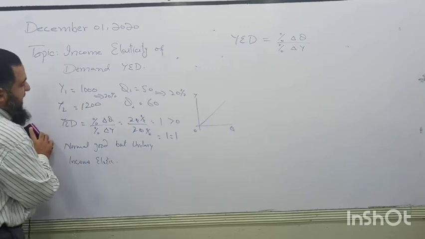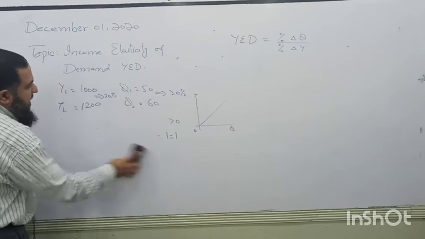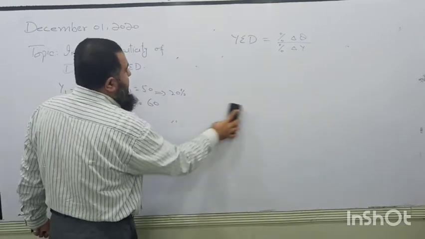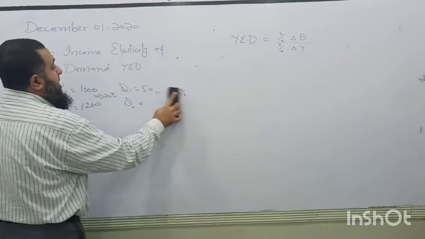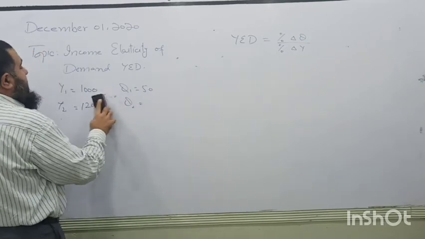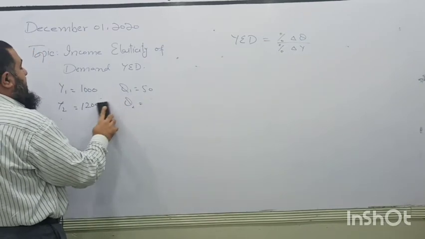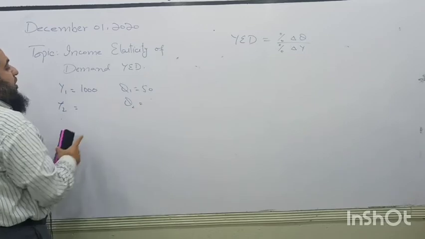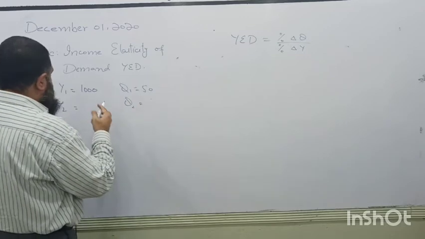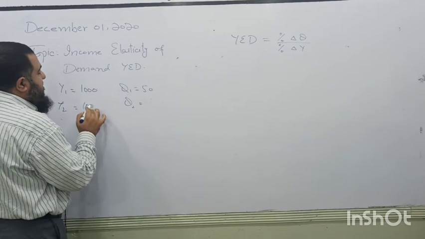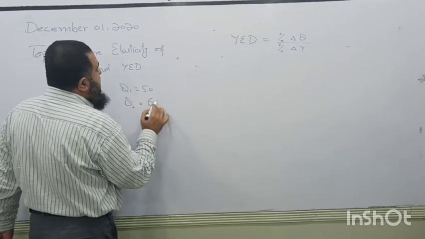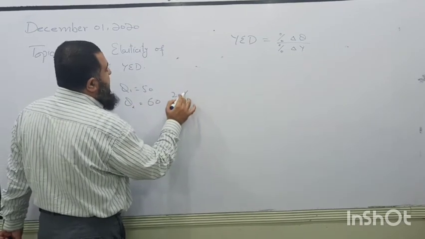Now come towards another form of income elasticity of demand. Income does not change, but quantity demanded has changed by 20%.